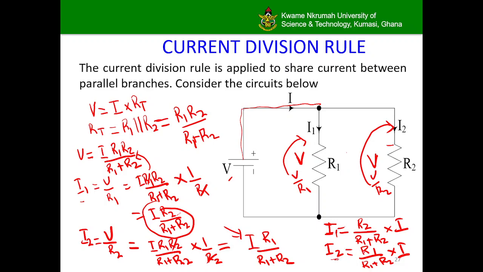I2 is simply the other resistor that it is sharing the current with, which is R1, over the sum of the values of their resistors, times the current they are sharing. And so to find the current through a particular resistor, once it is sharing a current with another resistor, it is simply the other resistor over the sum of the values of their resistances times the current they are sharing.